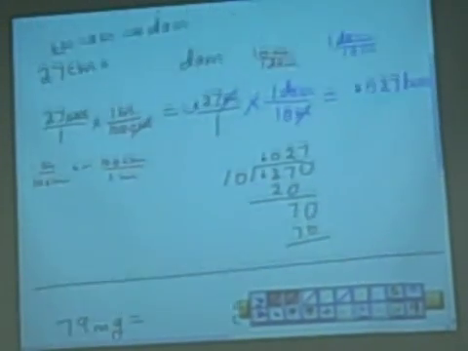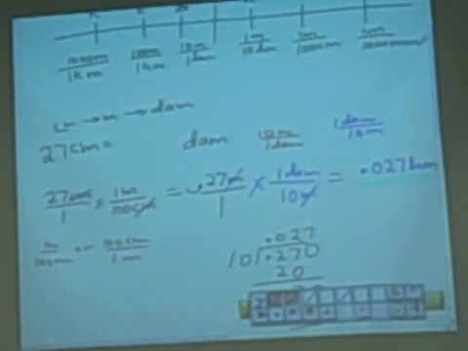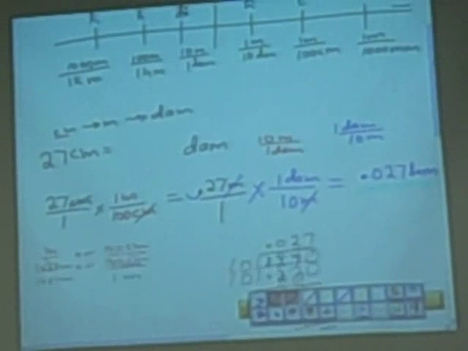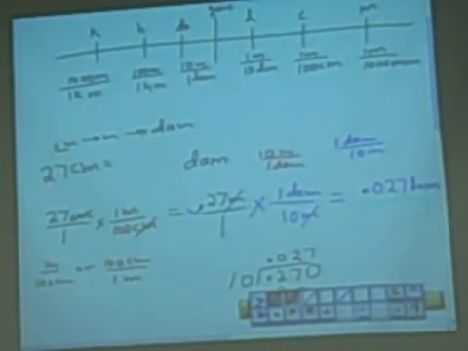Okay, so whether we're working with milligrams or millimeters, the conversion's the same. So we could say that this is 1 gram. Do that in blue. 1 gram over 1,000 milligrams. Okay?